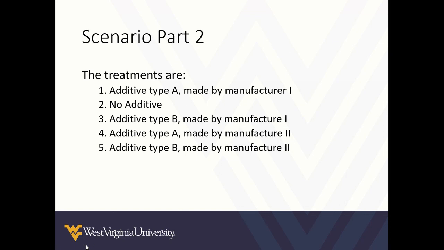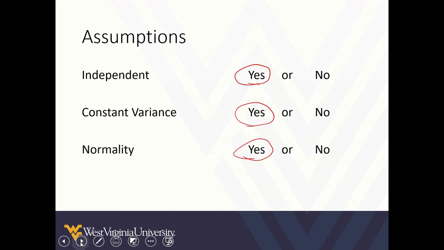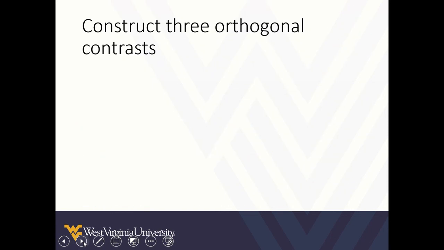And also, we have this to contend with. We know that each treatment had different additive types and had different manufacturers. And of course, treatment 2 had no additive. So this would give us an idea of some contrast we could make.